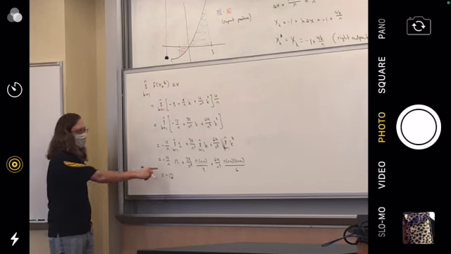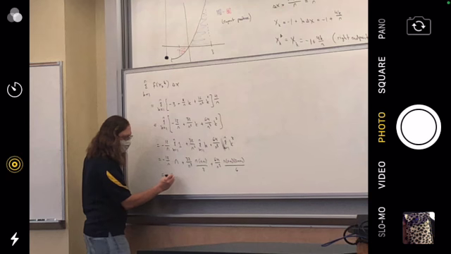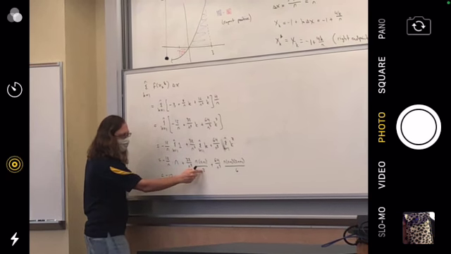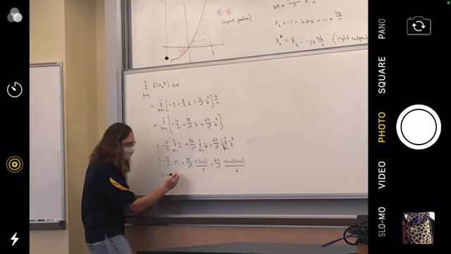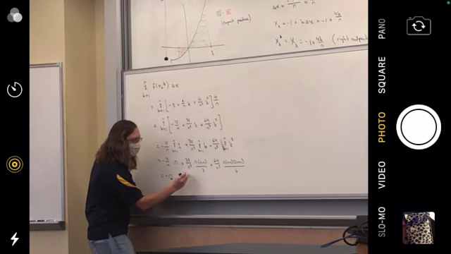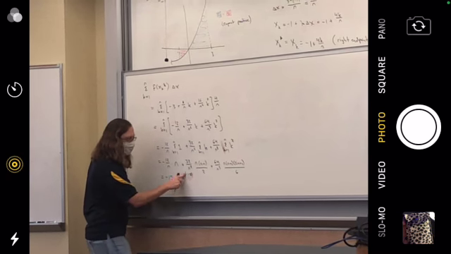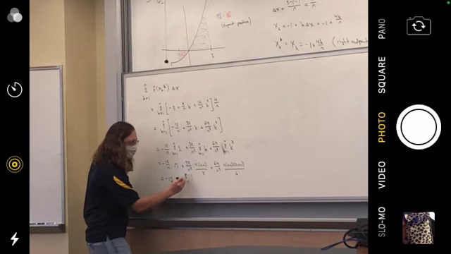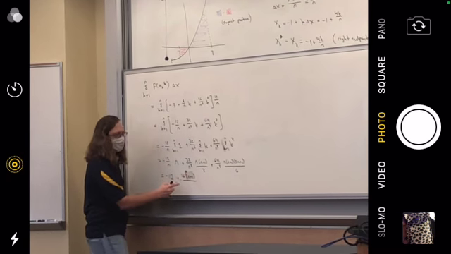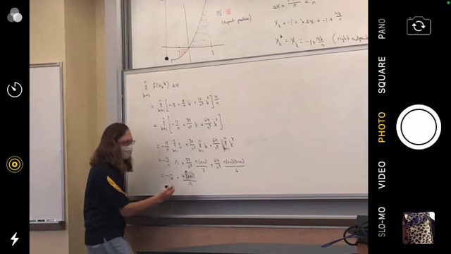Alright, so that one, the n's cancel, that one's nice. What else? 32 over 2, that would give me 16. And then you can also take one of the n's out: n plus 1, n divided by n squared, that's an n on the bottom.